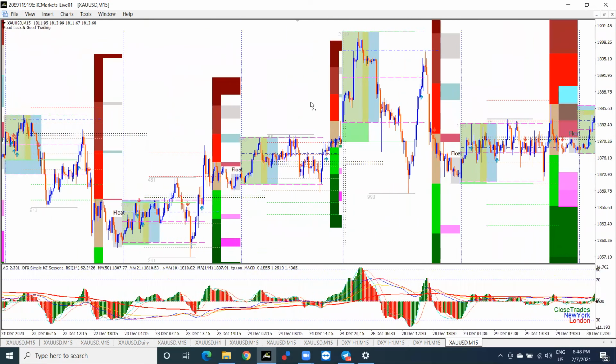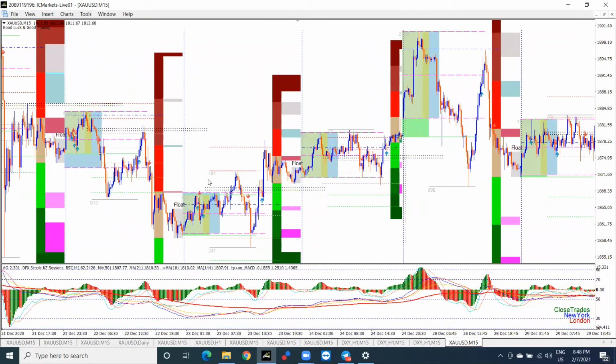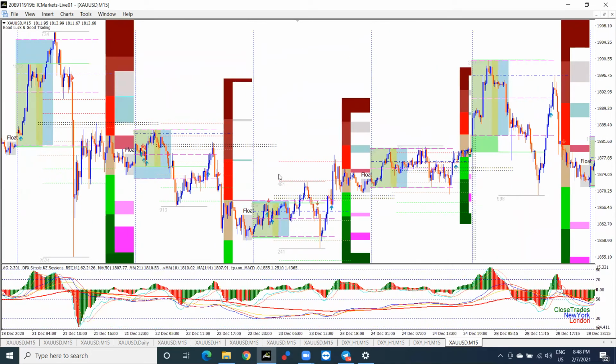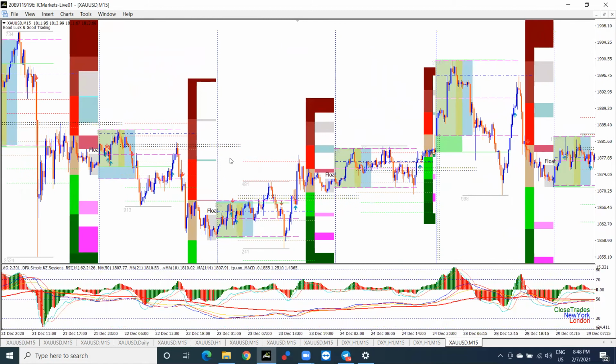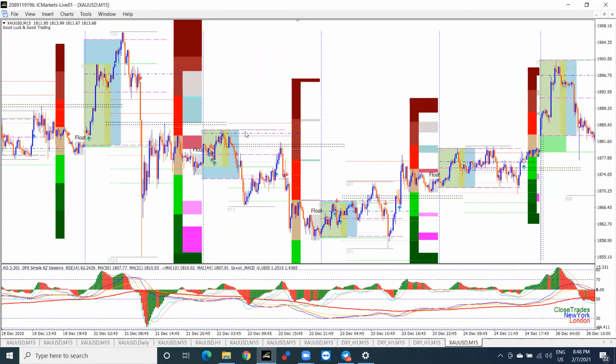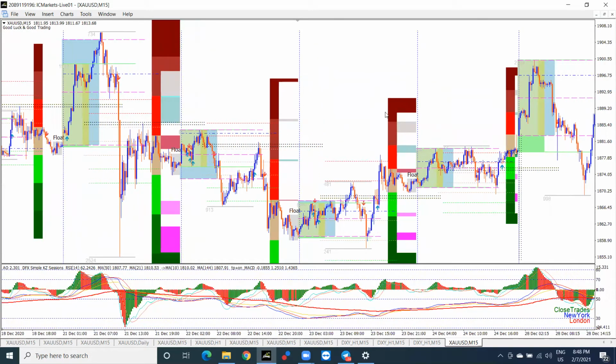Okay, let's see some buy example. This is not working only on sell, this also works on the buy side of the price. Now, what we have here, we have deviations inside the previous one.